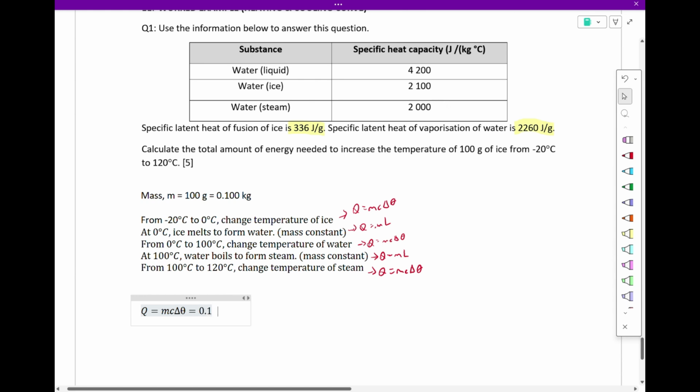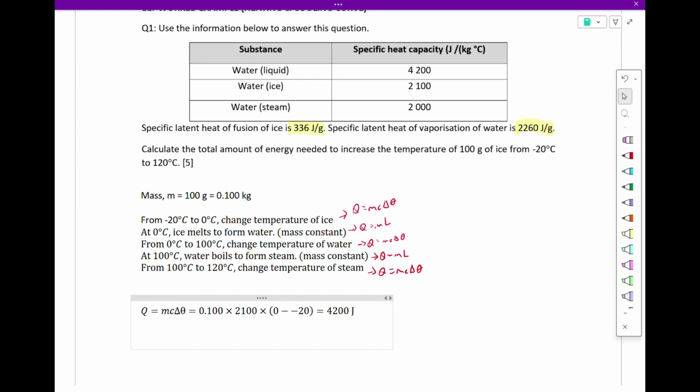So you just take 0.100 times your 2100. And what's the change in temperature? Change in temperature is 0 minus negative 20, right? So you can just solve using your calculator. 0.1 times 2100 times 20, get 4200. And this is joules. Okay, just double check. Yep, okay, so this is for the change in temperature of ice.